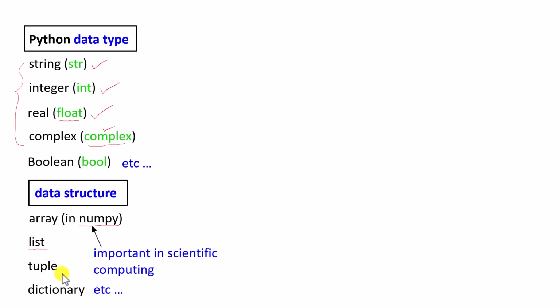But in scientific programming, most important are arrays, and somewhat important is list. So in this lecture, I'll talk only about list, and array we'll use from NumPy, and we'll talk about NumPy later on, not in this lecture.